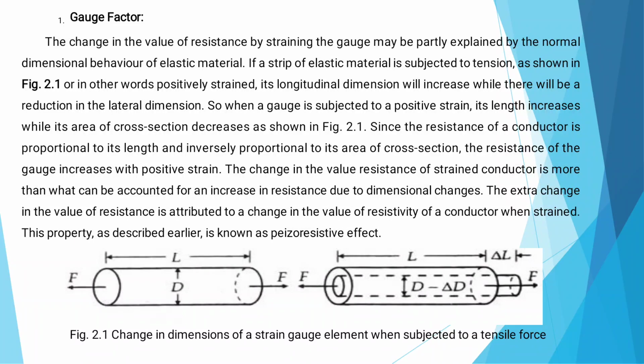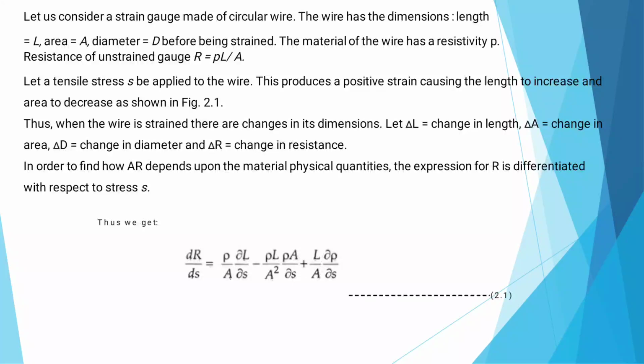As length increases and cross-sectional area decreases under positive strain, the basic law of resistance dictates that electrical resistance must increase. Experimental testing reveals that the total change in resistance is actually greater than what dimensional math alone accounts for. This extra variation is directly due to the change in the underlying material under stress, which we call the piezoresistive effect.